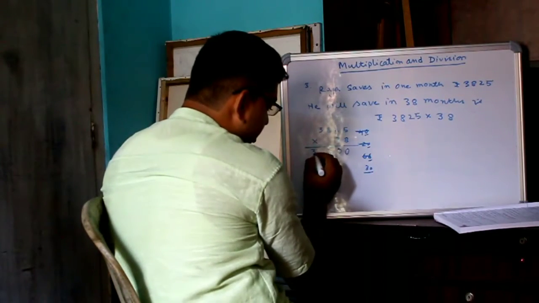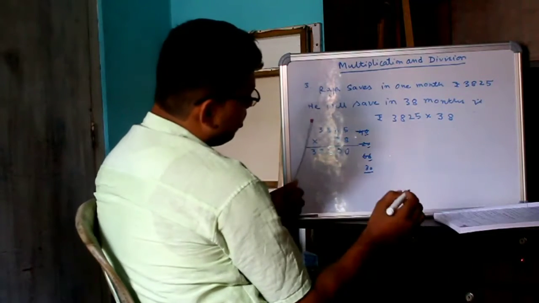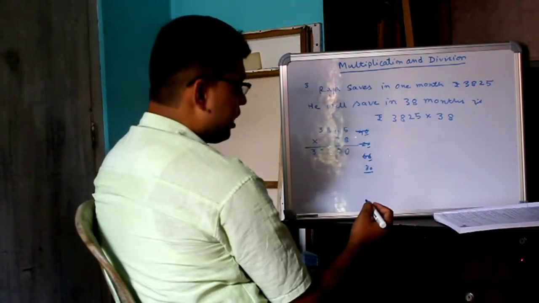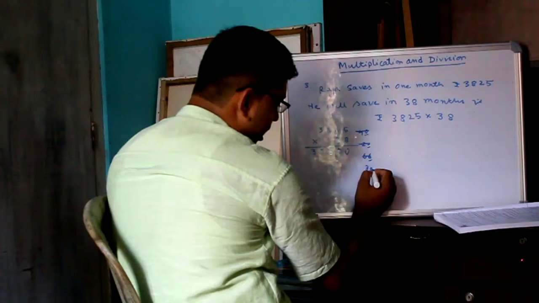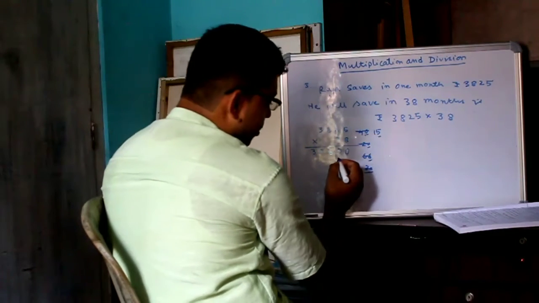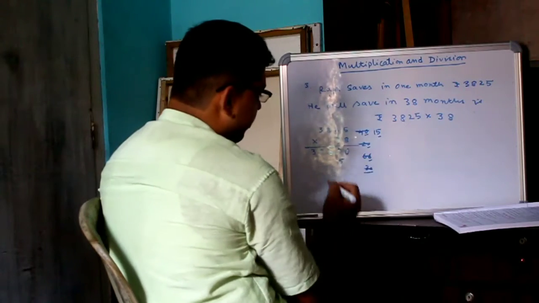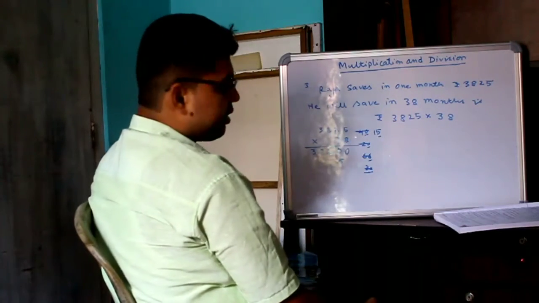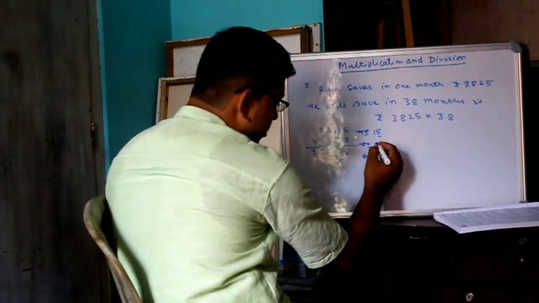So 30 is coming. Next, for 3 into 5. 3 into 5, 15. 30 is finished. Next, 15, one's digit is 5. So 5 is coming. 1 is left. 3 into 2, 6. 6 plus 1, 7.